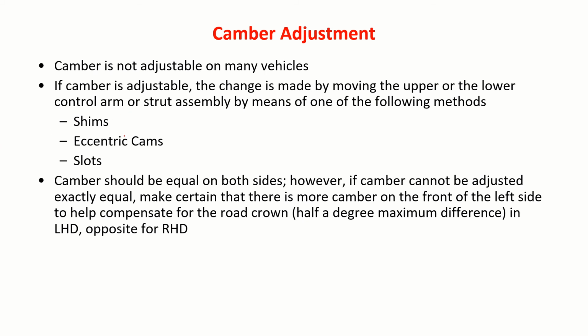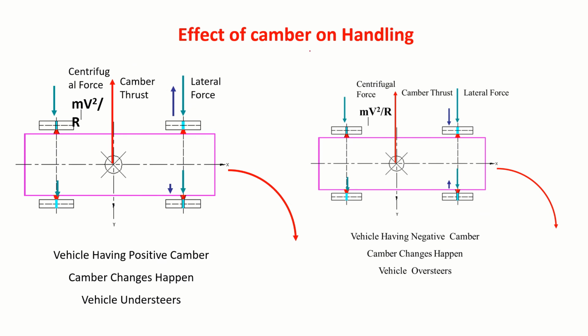I'll just come back to this in a minute. Now the thing is, what is the effect of those camber changes on the handling of the vehicle? What do you mean by handling of the vehicle? Suppose this is the vehicle and I am taking a turn. Let us say this is the intended path when I steer.